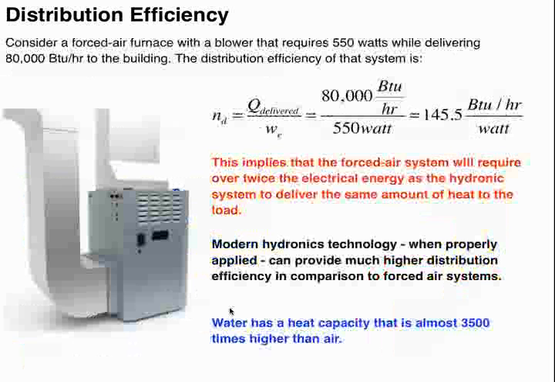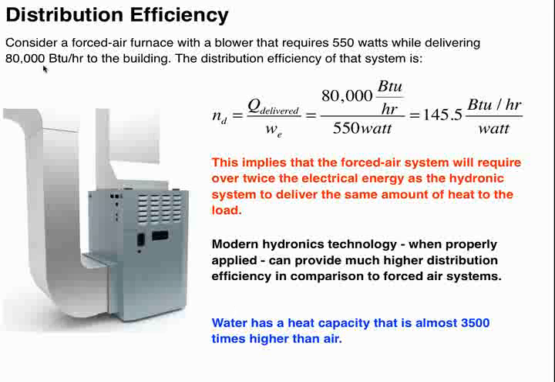So let's compare it to something. Let's compare it to a furnace. Okay? We can say that we have a furnace that delivers 80,000 BTUs per hour, and the blower needs 550 watts. So we do the ratio of those two, and we get this number. And that's definitely smaller than the previous number. So what's the implication? The distribution efficiency of the forced air system is definitely lower than a well-designed hydronic system.